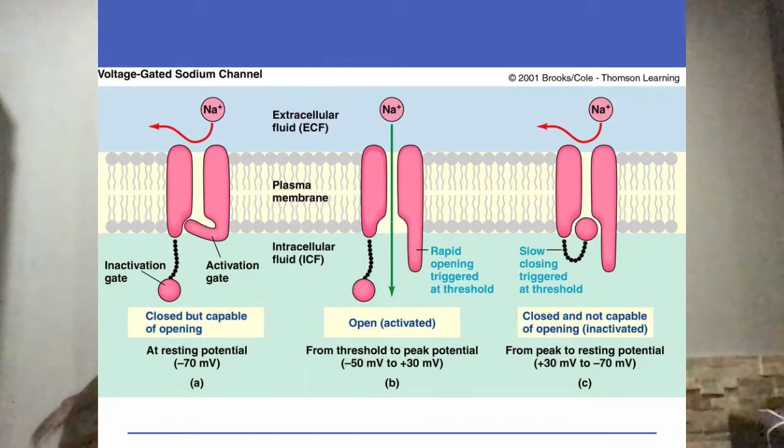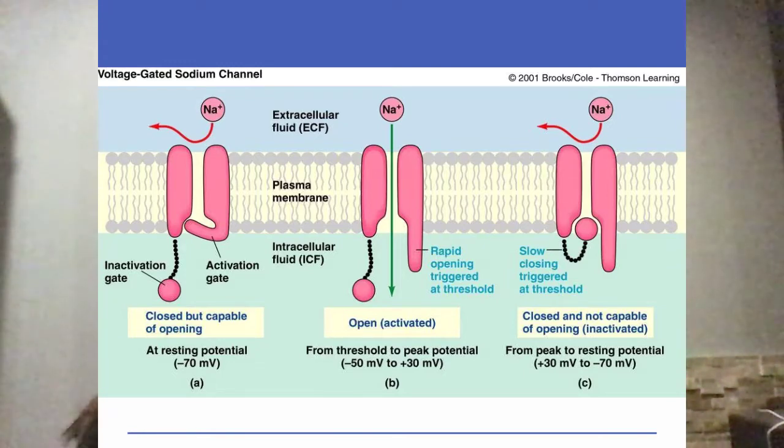So the activation gate swings open and it stays open long enough for sodium ions to flow inside, causing the inside of the cell, the intracellular fluid, ICF, to become more positive. Okay, and again, this is about timing. It stays open, but the inactivation gate is slower.